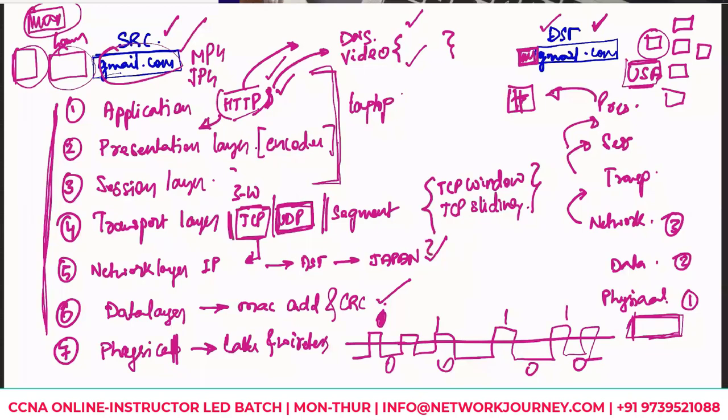In the network layer, you will see IP addressing, so you definitely need to learn different protocols like routing protocols, right? And here you will see the MAC address concept. These are 48-bit MAC addresses.